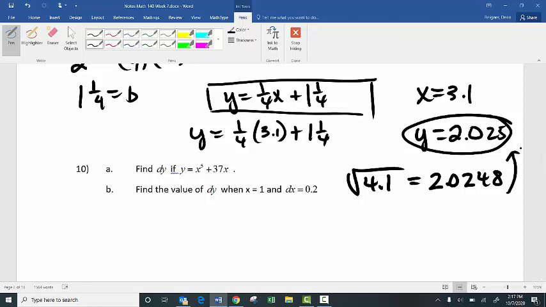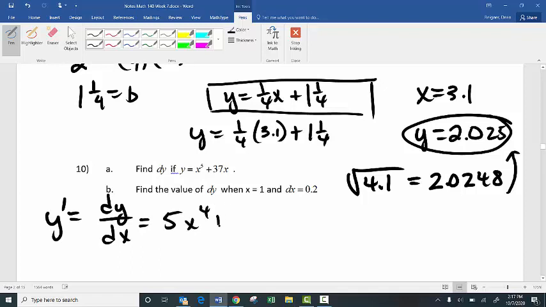Okay, all right. Number 10, letter A, says find dy. So what you're going to do is take the derivative. The derivative of y is y prime, but we can also say dy/dx in this case. It equals the derivative of x to the 5th, which is 5x to the 4th, and the derivative of 37x, which is 37.